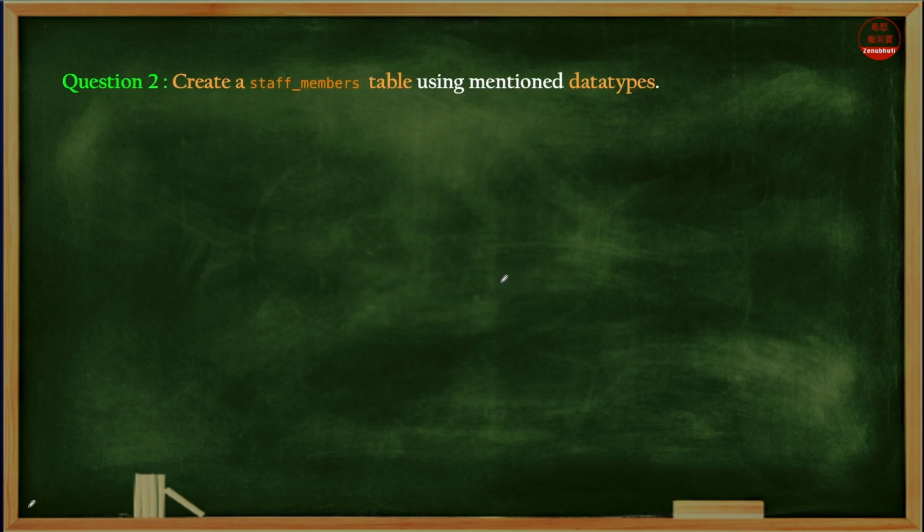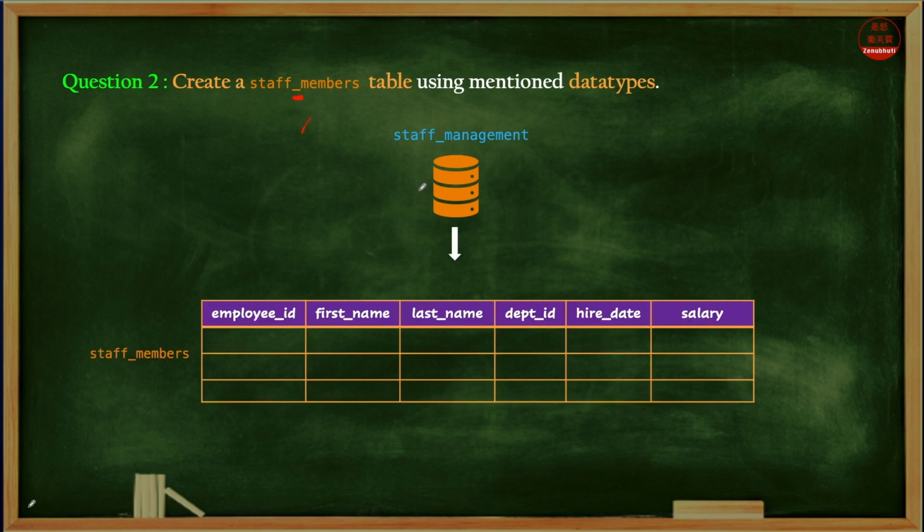In question number 2, we will create a staff member table using the mentioned data type. Again, we'll create a table under staff management, and the staff member table will have employee ID, first name, last name, department ID, hire date, and salary columns.